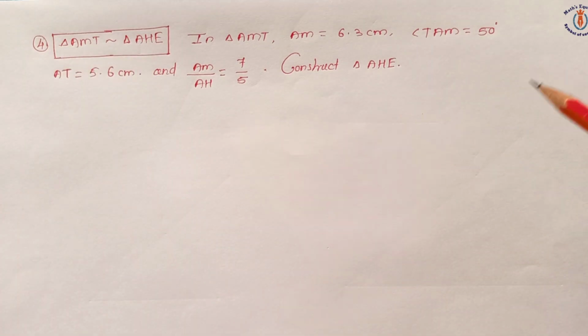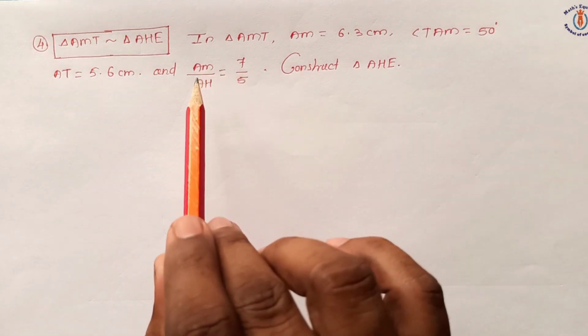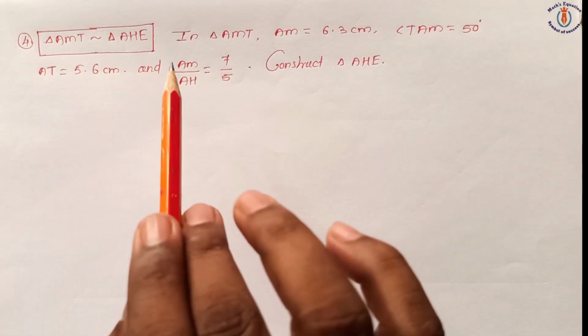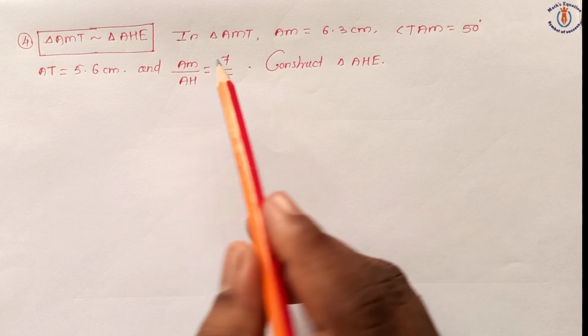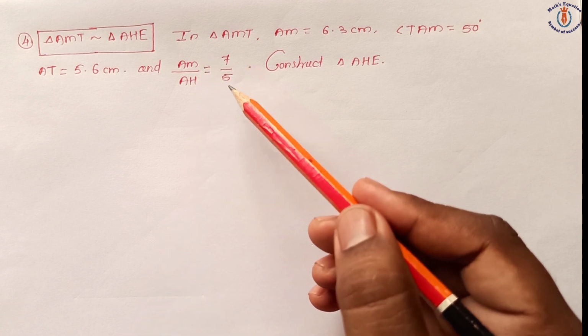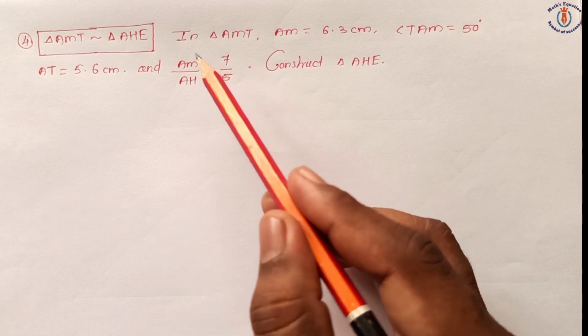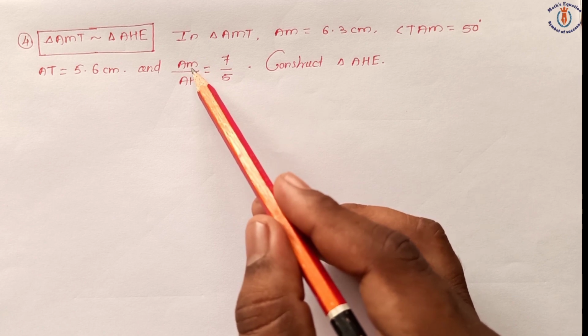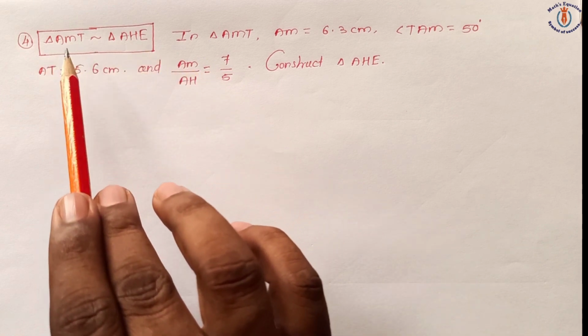Now as we discussed in question number 2, we have to find out which triangle is smaller and which is the bigger one. Look at this, the ratio is given 7 upon 5. Now 7 corresponds with AM, and AM is the side of triangle AMT.